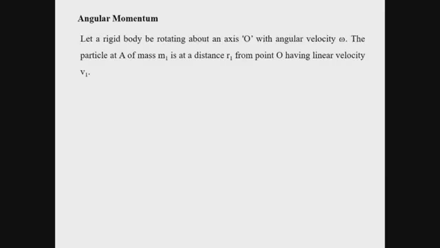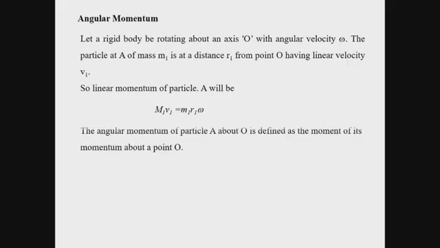Angular momentum. Let a rigid body be rotating about an axis O with angular velocity omega. The particle at A of mass m1 is at a distance r1 from a point O and has a linear velocity v1. So the linear momentum of the particle will be given by m1 v1, which is equal to m1 r1 omega.